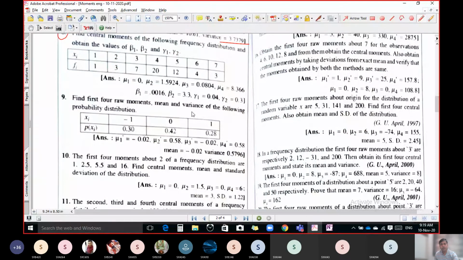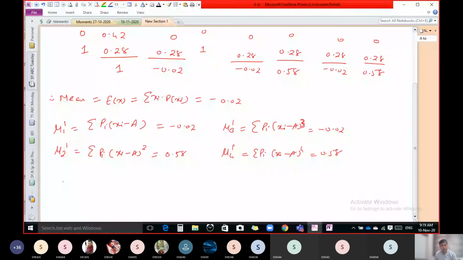Now find the mean and variance. Mean is nothing but expectation of x here, and it is minus 0.02. That is also over. And variance is mu2 only, and that is the formula of mu2 that we already discussed in our last lecture: mu2 dash minus mu1 dash the whole square.